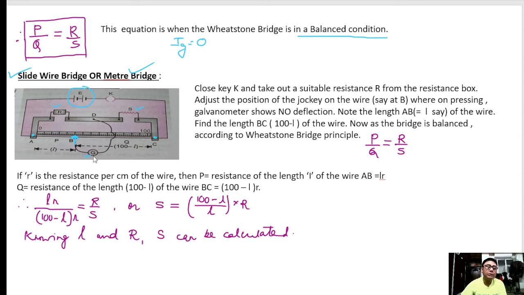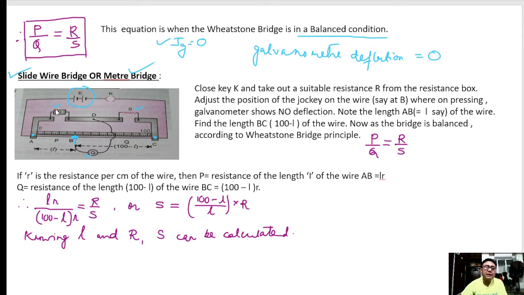We will continue to do that until the galvanometer deflection shows 0. We will continue to tap the wire AB until the galvanometer deflection shows 0. That means IG will be 0.